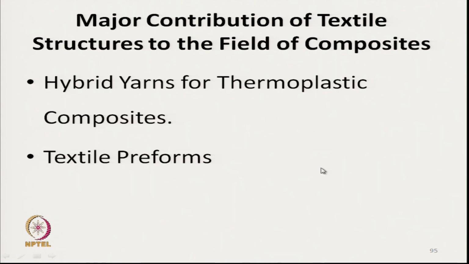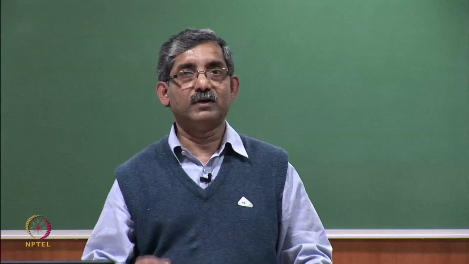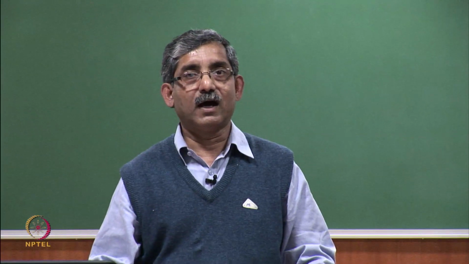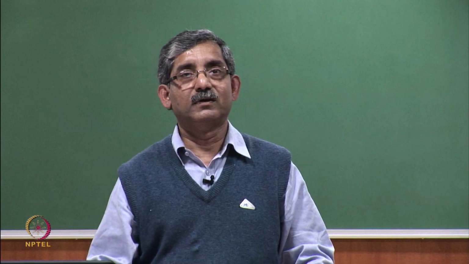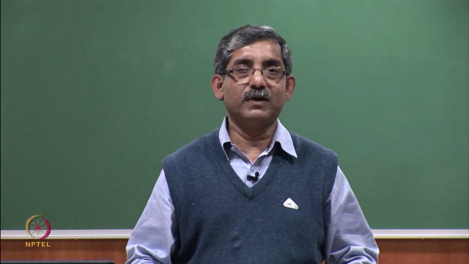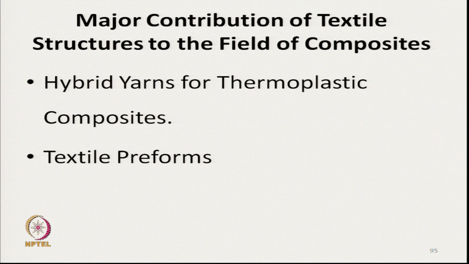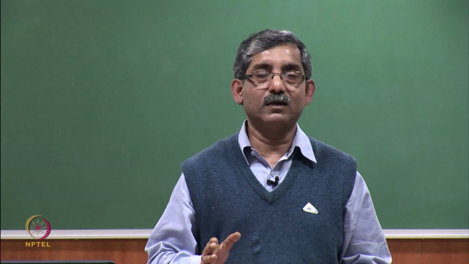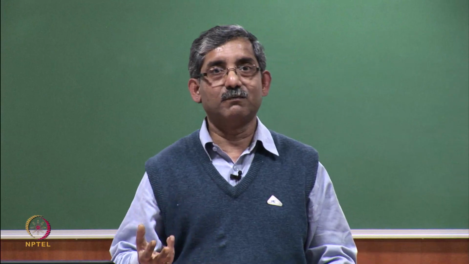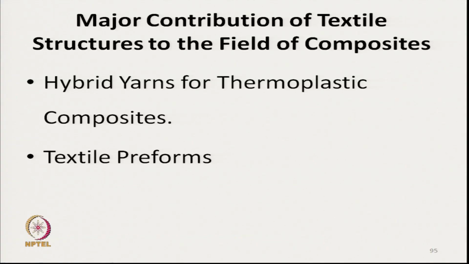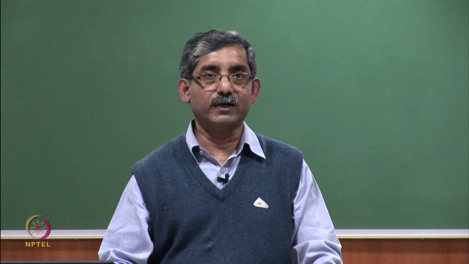So, the major contribution of textile structure is that hybrid yarn, if we can produce it for thermoplastic composite, will enhance the characteristics. I will discuss in detail. The hybrid yarn means the reinforcing fiber is mixed with the matrix material in the form of fiber, and the hybrid yarn is produced with both the components.